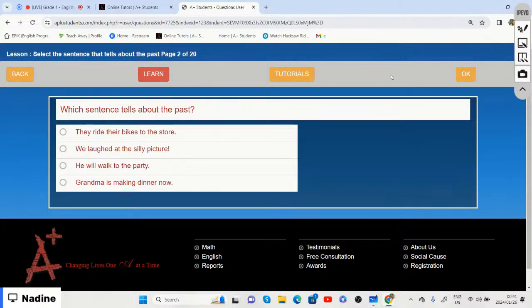They ride their bikes to the store, or we laughed at the silly picture. He will walk to the party, or grandma is making dinner now.